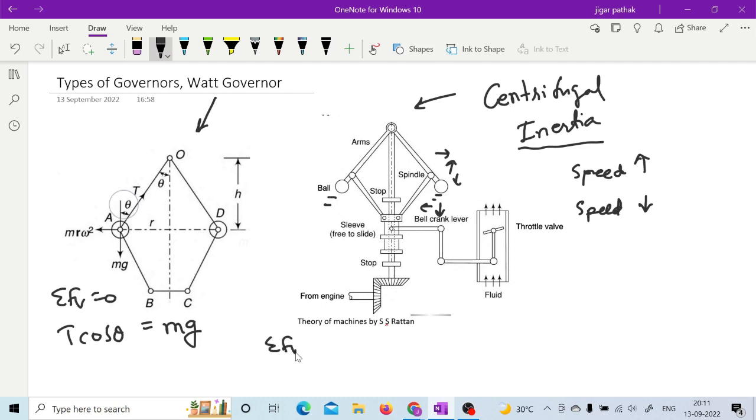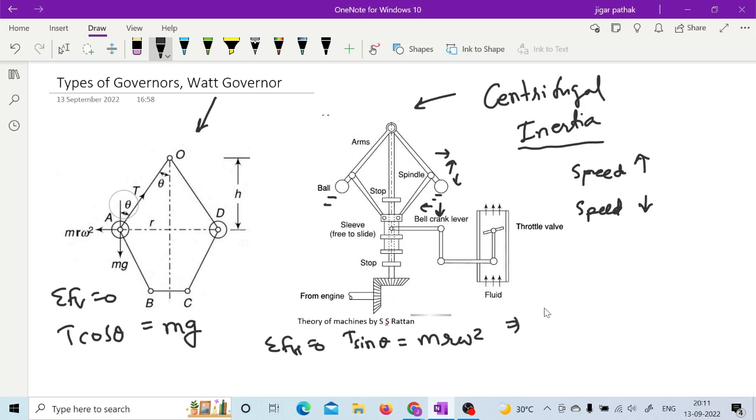Similarly, if you go for sigma Fh equal to 0, then you will find that T sin theta is equal to m r omega square, right? Where m is the mass of this fly ball, h is the height of the governor, mg is the weight of this ball, omega is the angular velocity at a particular instant, and T is the tension in the arm. So T cos theta is equal to mg, and T sin theta is equal to m r omega square.